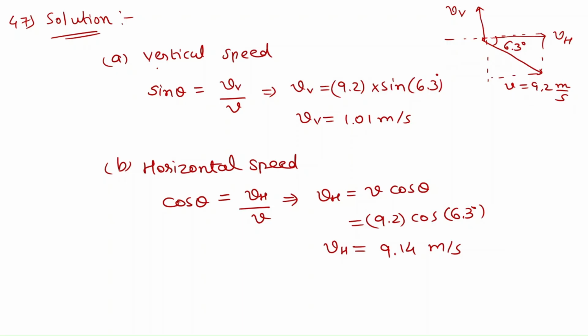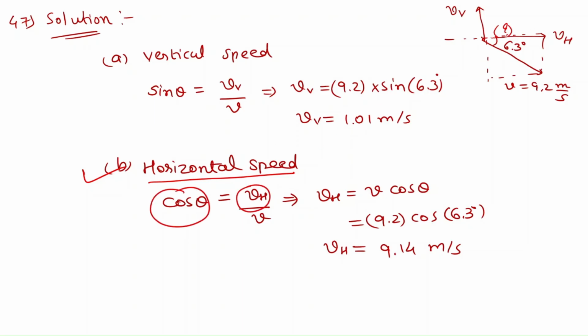So if you want to find the vertical speed, we have to find this one. Find this one means take sine theta, or for the horizontal speed, take cos theta.